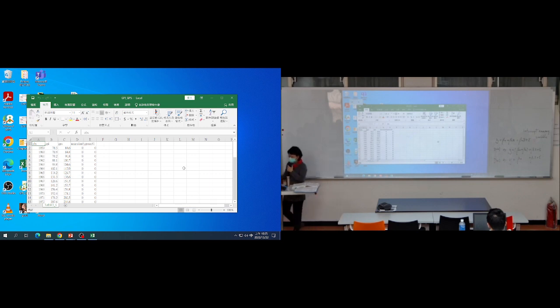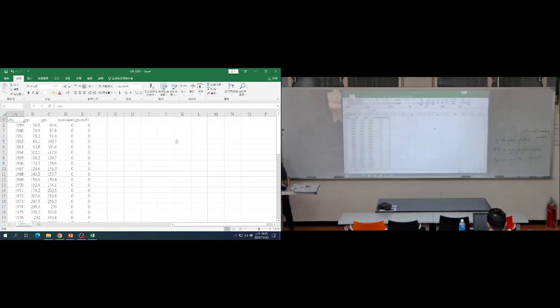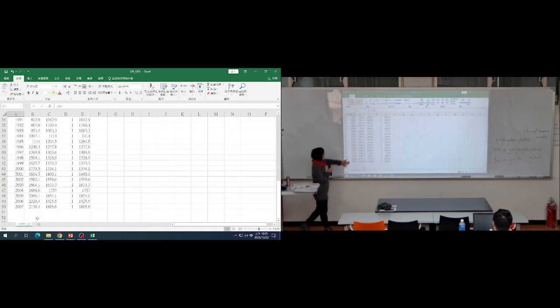This is from 1959 up to 2007. So we have 49 years. So again, this is time series data instead of cross-sectional data.